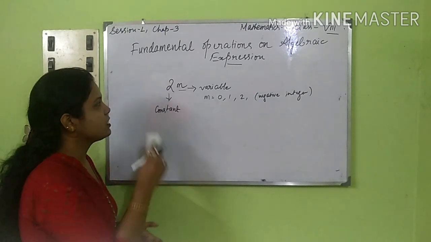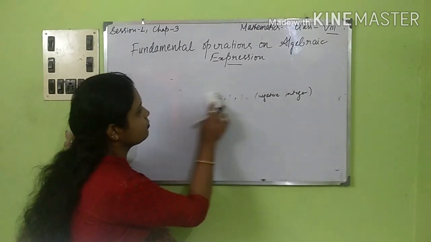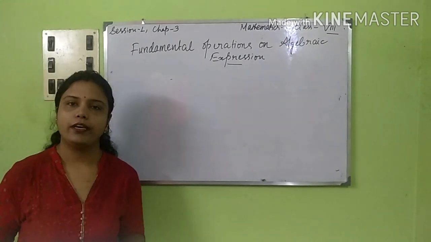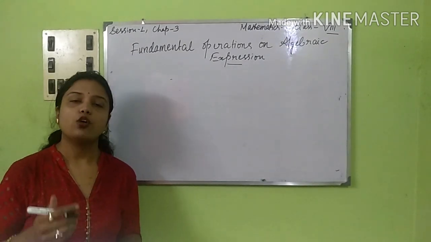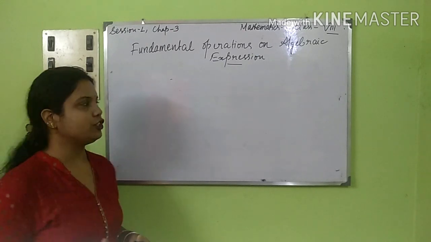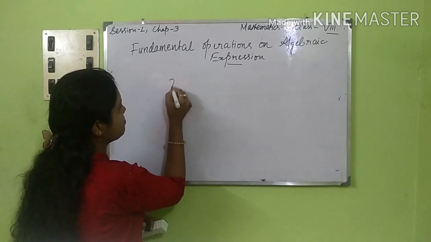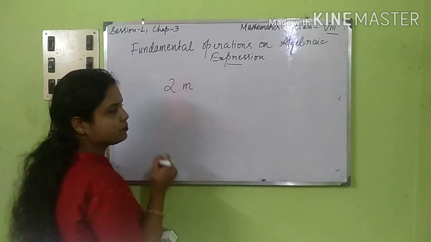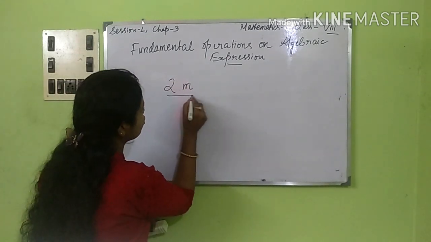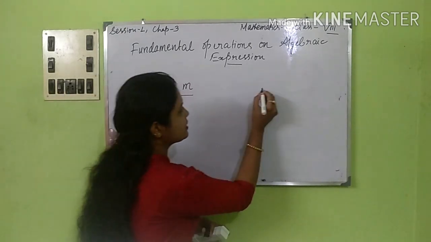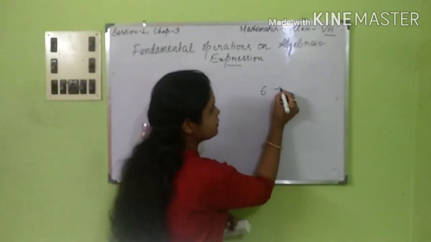Now coming to the second point, that is, what are coefficients. I will give you an example to make you understand. Let me take the same example, 2m. Now what are the factors of 2m? Suppose 6 is a number. What are the factors of 6?